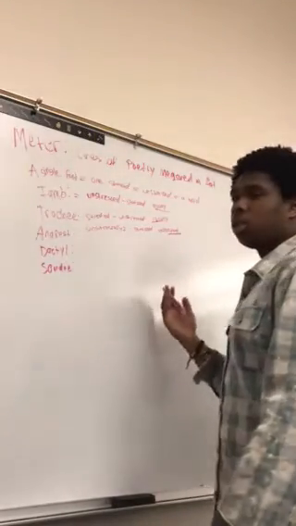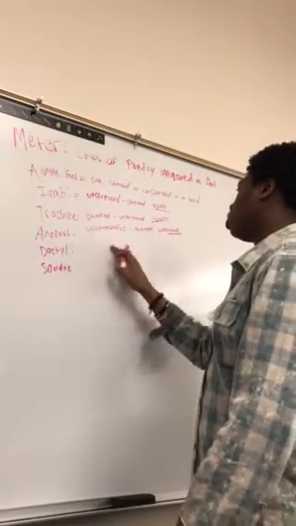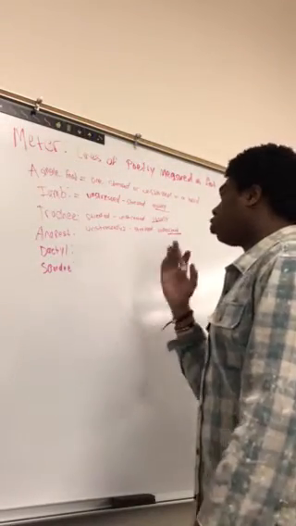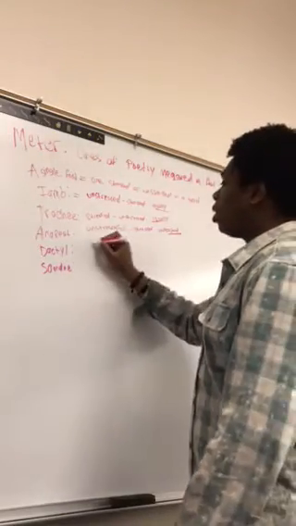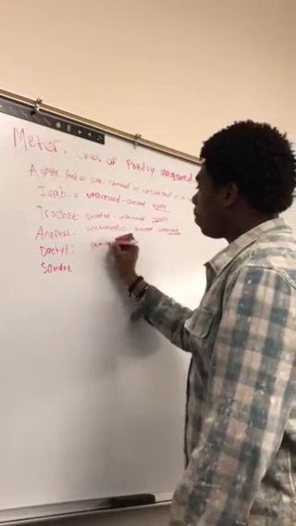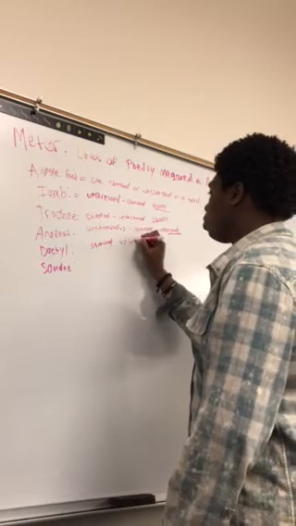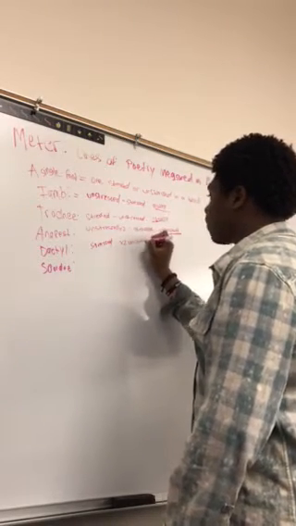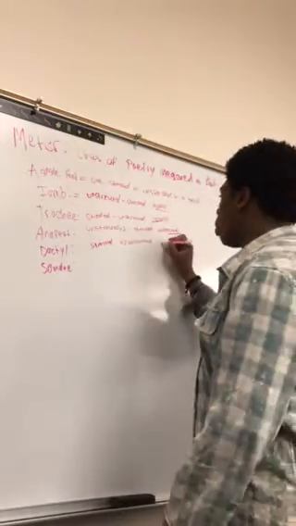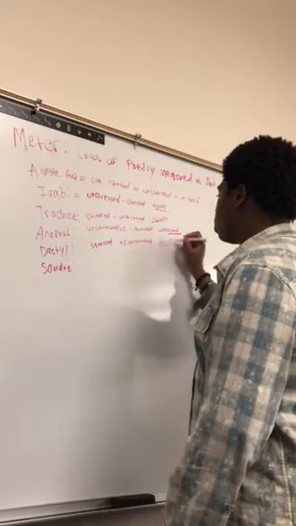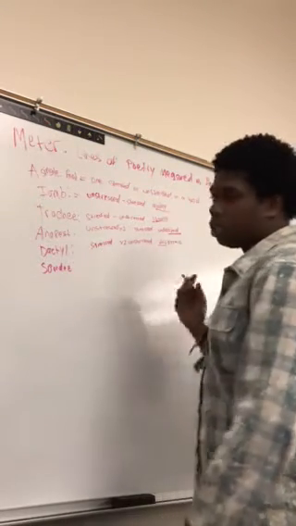Stand would be the stressed part of the word, so that makes it an anapest because this is the syllable makeup of the word. 2 unstressed sounds and a stressed sound. And then a dactyl is a stressed sound at the beginning of the word, and then 2 unstressed syllables. So an example of that would be desperate. The first part of the word is stressed, des-perate. And then the second part is unstressed.